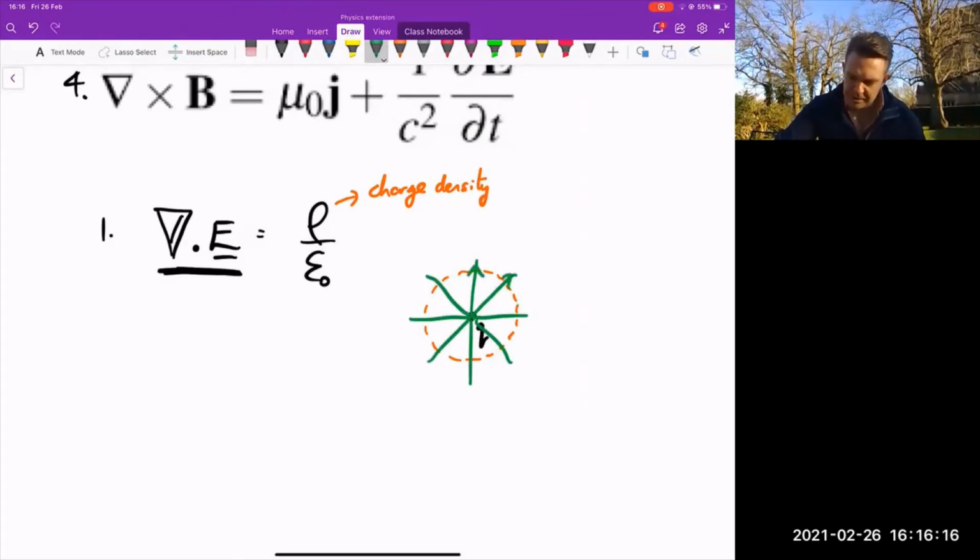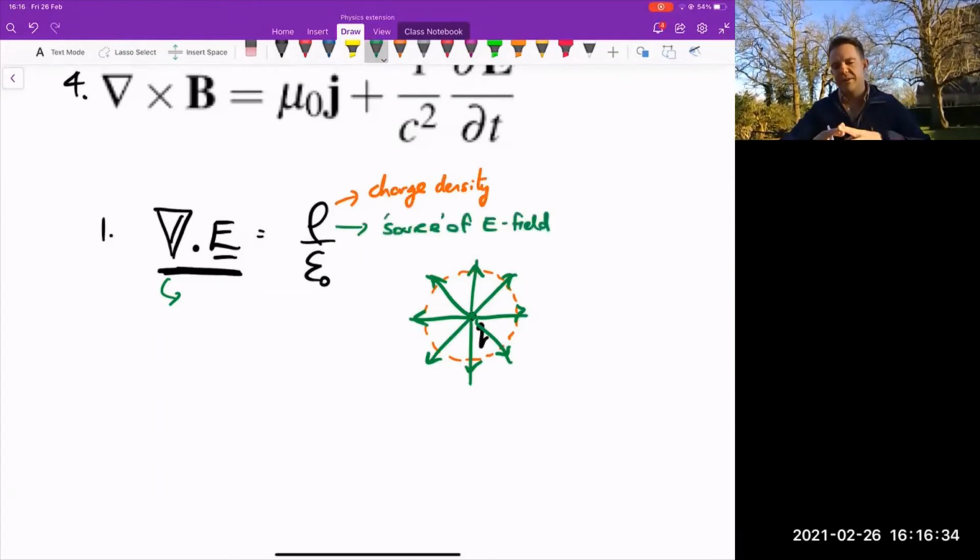And if it's positive, the field lines do something like that. So in that sense, you can describe charge as acting as a source of E field, because you can almost think of it as producing flux lines, which then travel out of that surface, if you like. Okay, so that's what divergence means.